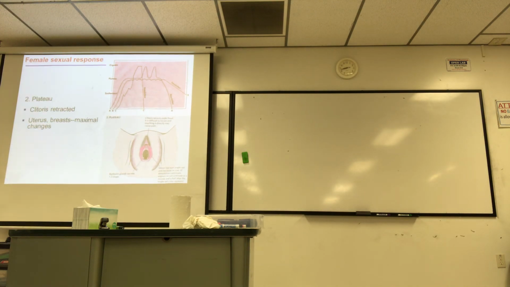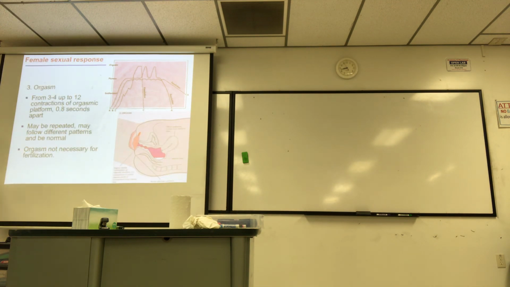So here's some of the changes that they show. Yeah, there's no real physiology that's going on here, other than just to mention these changes. But I think one thing I should mention, during orgasm, it's similar, 3 to 4, maybe up to 12 contractions, about 0.8 seconds apart. It may be repeated, it may follow different patterns.